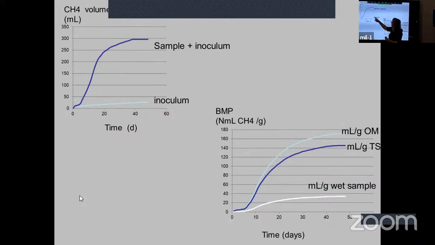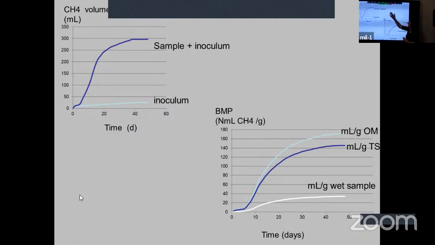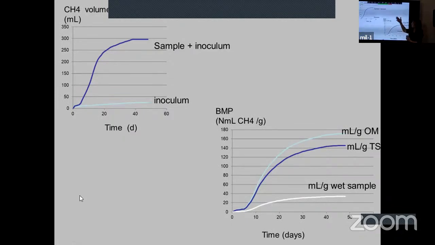So what you do after is subtract the methane produced by the inoculum from the sample. Then you divide the methane volume by the amount of sample you put in your test, and you get the production in milliliters of methane per gram, either of wet sample, of dry sample, or of organic matter.